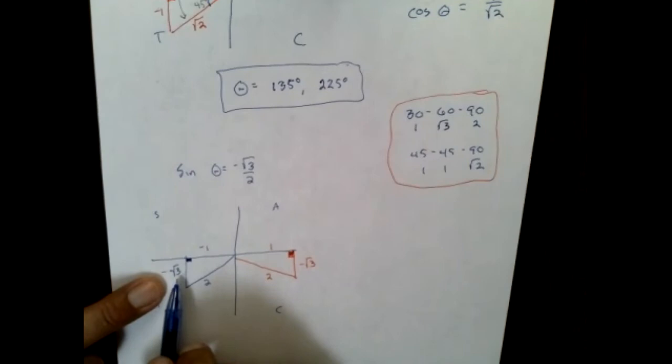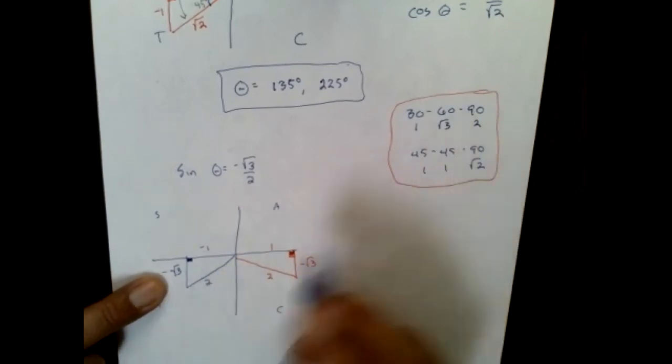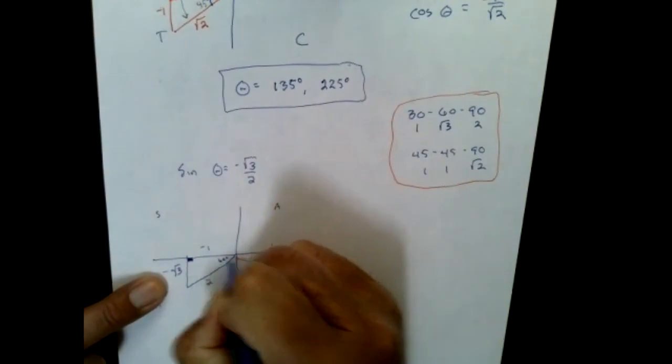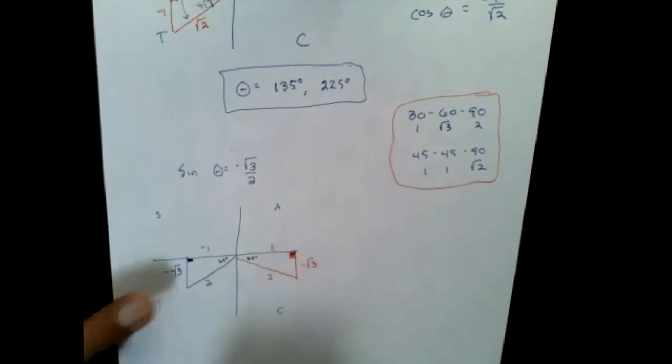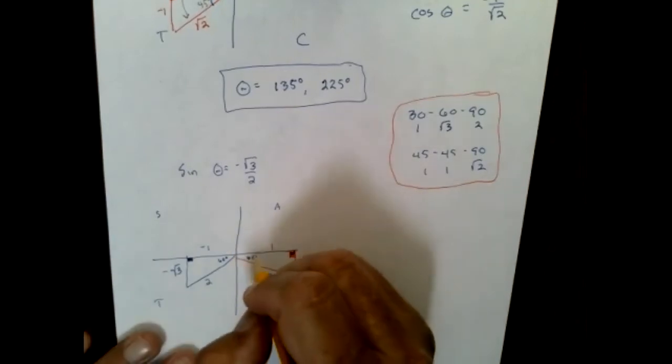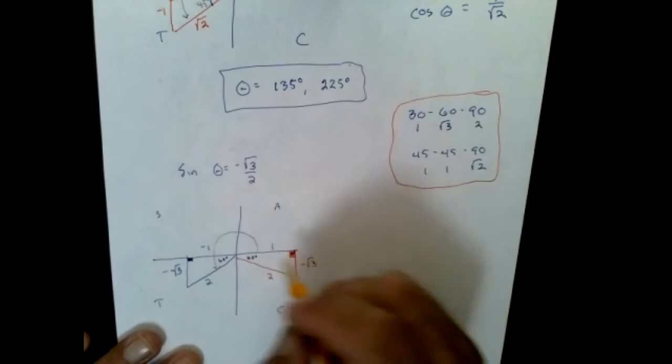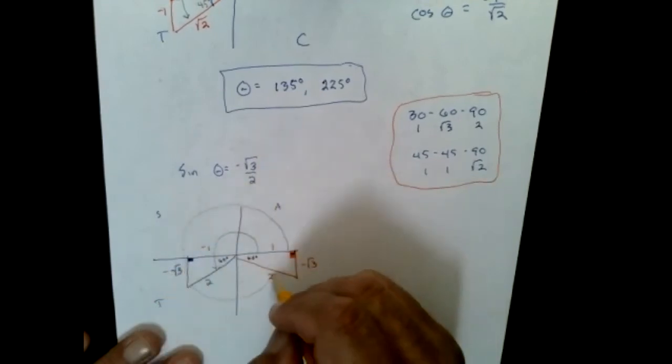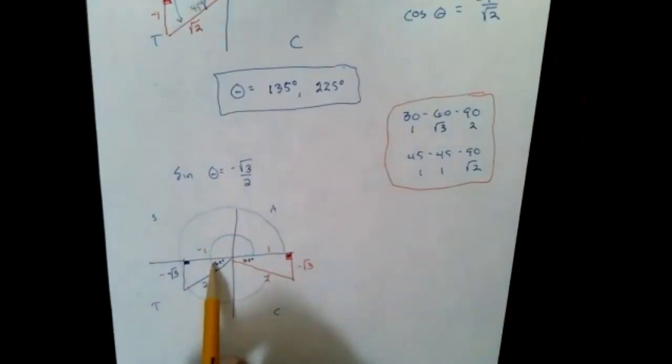So now I'm going to put in, if this is the square root of 3, it's across from my 60. So this one and this one, my reference angles both have to be 60. So how did I get to there and to there? What's that first angle?